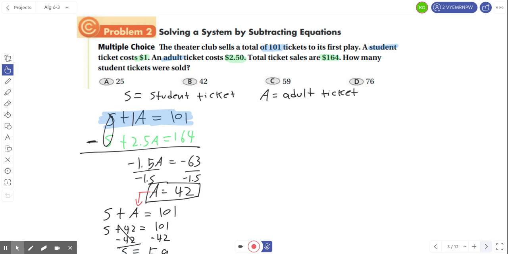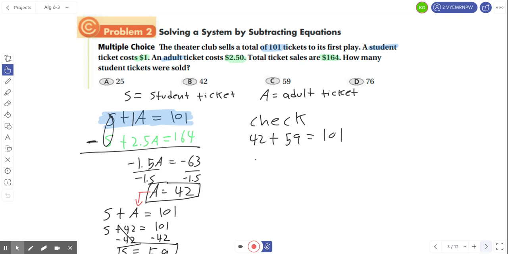Okay, so I think I have the answer, but I'm going to check it. So I'll put it in both my equations. First, does 42 plus 59 equal 101? The answer is yes.